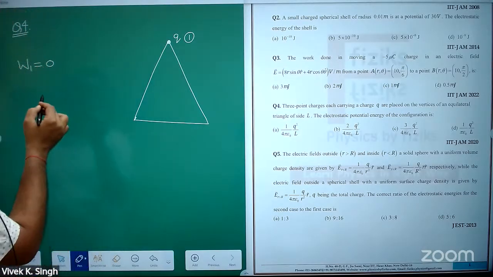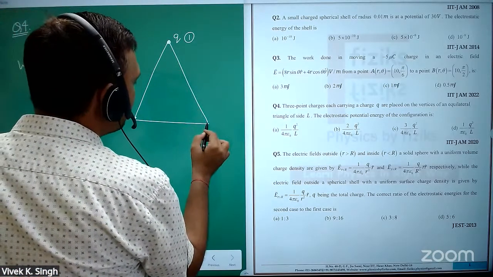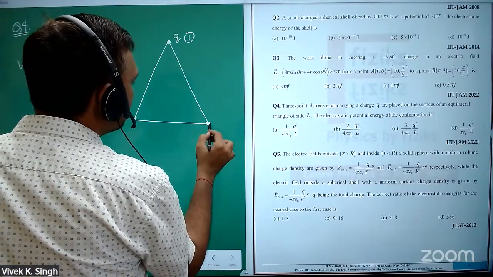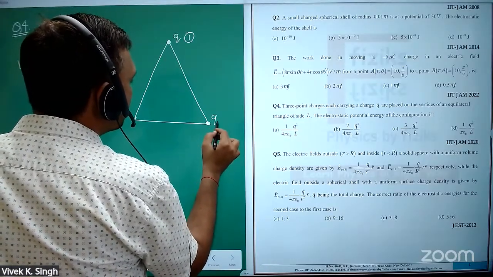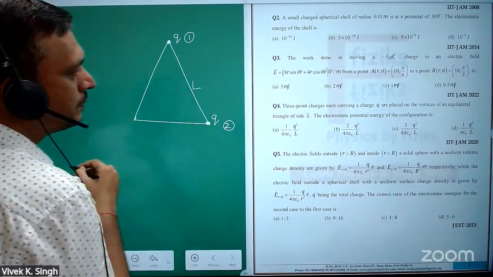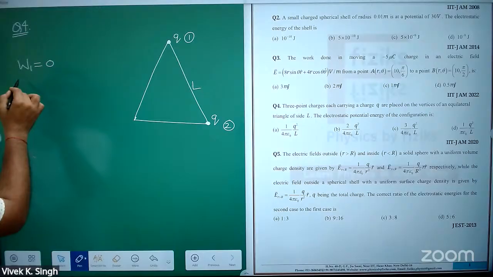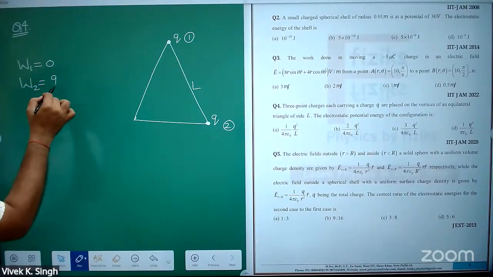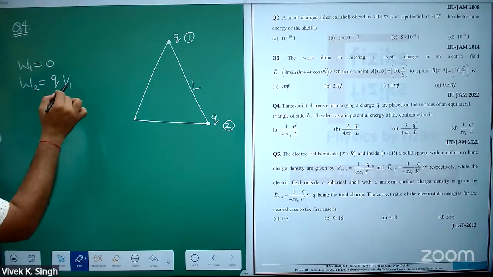And then in presence of first charge, you are placing the second charge. This will be L. So W2, work done in placing second charge, will be Q into potential due to 1.